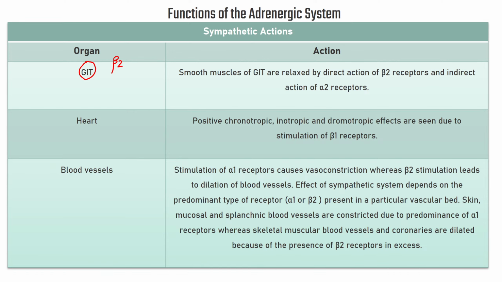You remember the location of alpha 1 and beta 1, and whichever organs are remaining, like glands, beta 2 will be present there. Now of course there are some locations where alpha 1 and beta 2 both will be present, like in blood vessels. But if you remember the locations of alpha 1 and beta 1, you can remember the beta 2 locations.